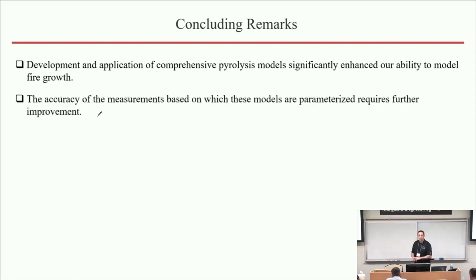I think that one of the current things that we can address and should work on is to figure out how to measure the properties that go into these models better. So I think basically our focus should not necessarily be on the development of the models, but rather on the development of high quality, reproducible, and interpretable measurements that will form the foundation of these model parameterization techniques.